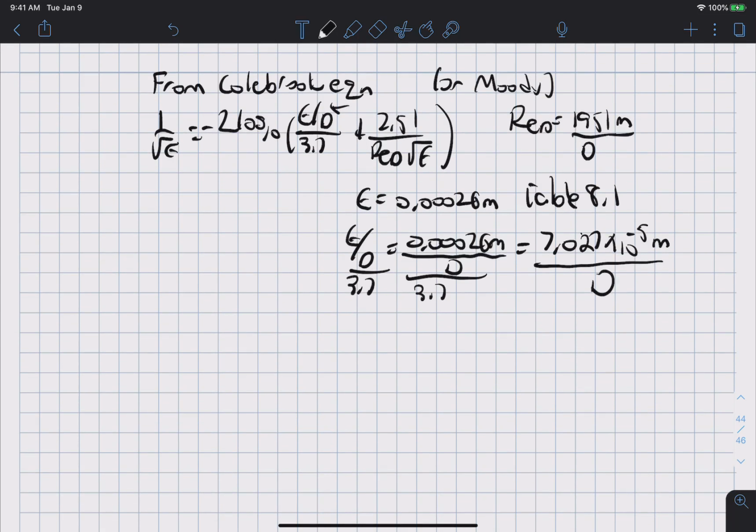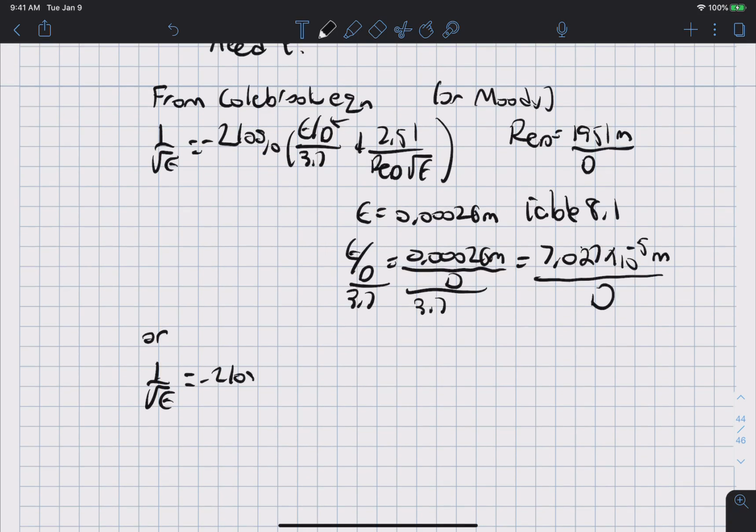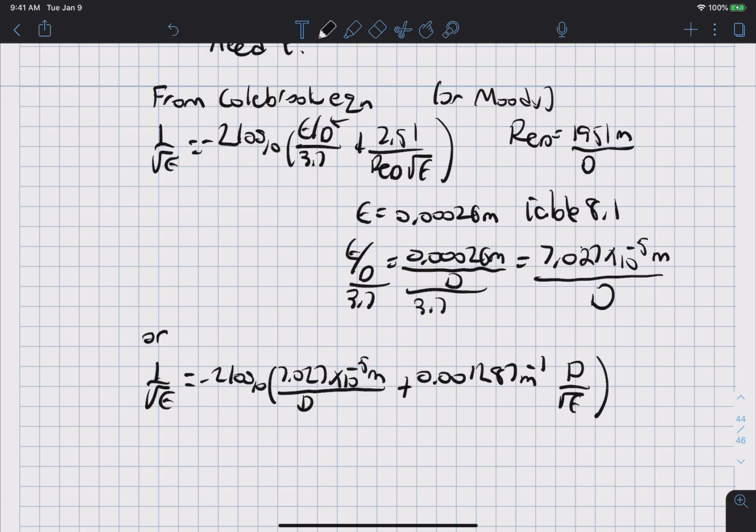If we punch in the numbers, 1 over square root of f equals minus 2 log base 10 of 7.027 times 10 to the minus 5 meters over the diameter, plus 0.001287 meters to the minus 1 times D over square root of f.